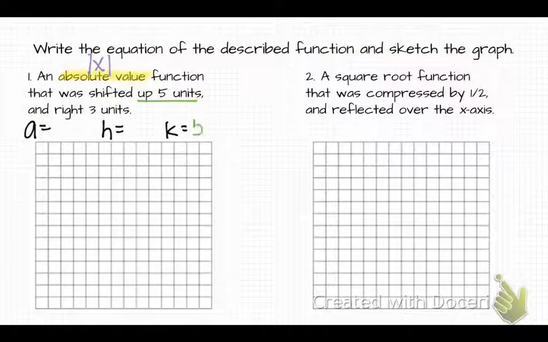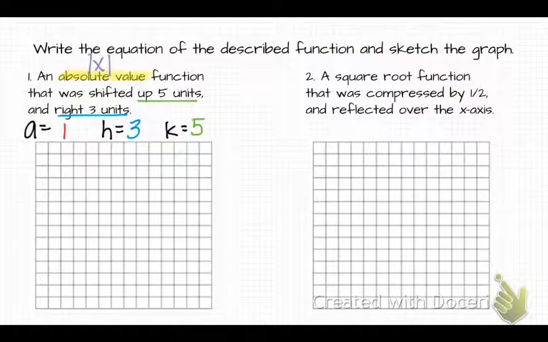That's going to be K. Up and down is K. What other information do I have? Right, 3 units. Now, is that A or H? H. And do I have an A value in here? No. So what number do I write? Is it 1 or 0? It's 1. For A, it's 1. For H and K is 0.